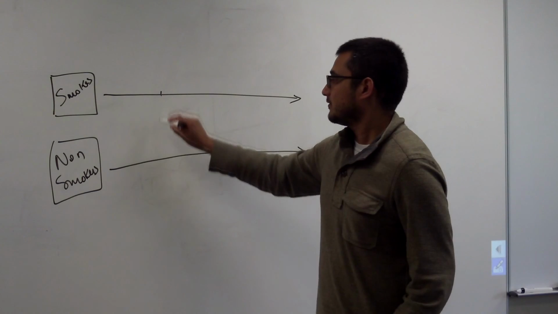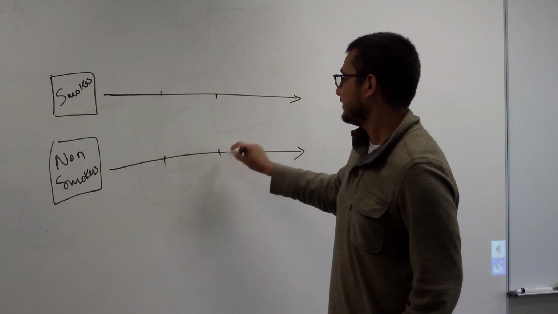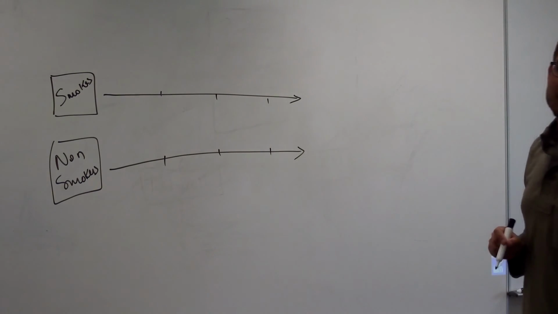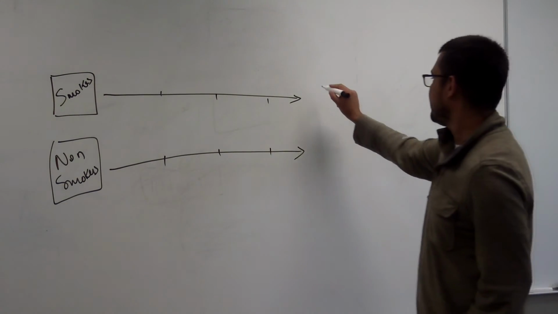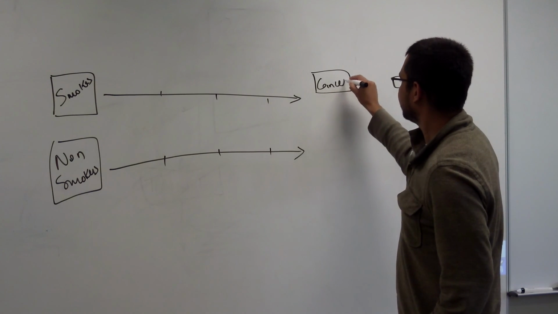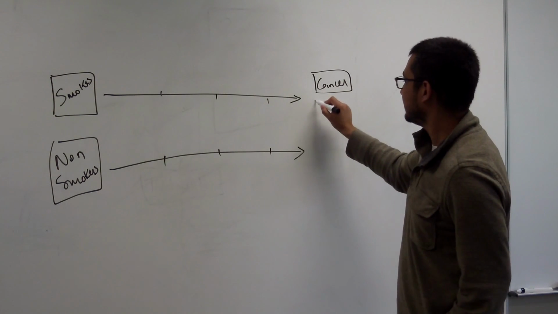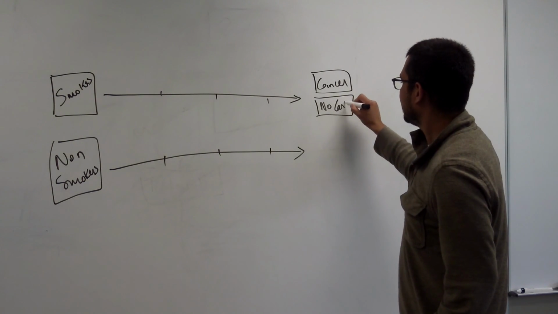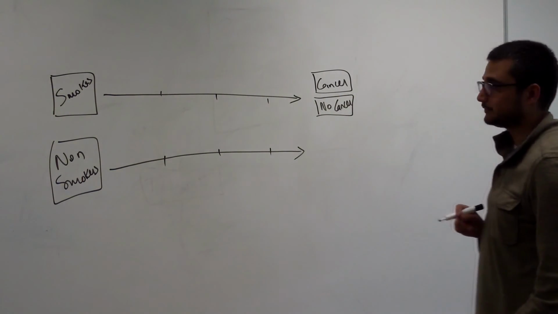So you are collecting data at different points. Now at the end of your study, what you will find is that a group of the smokers developed cancer, and out of that group, some did not develop cancer, right?